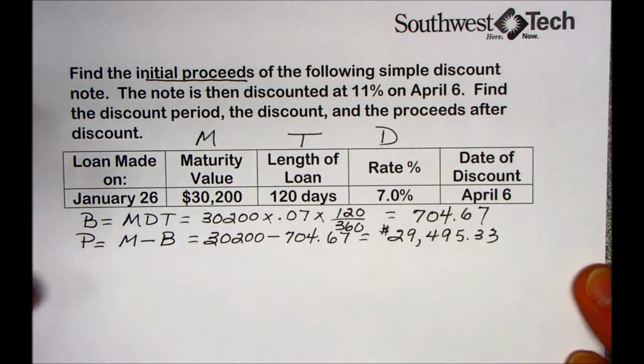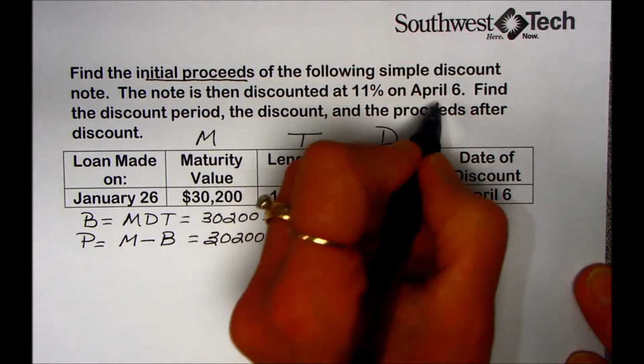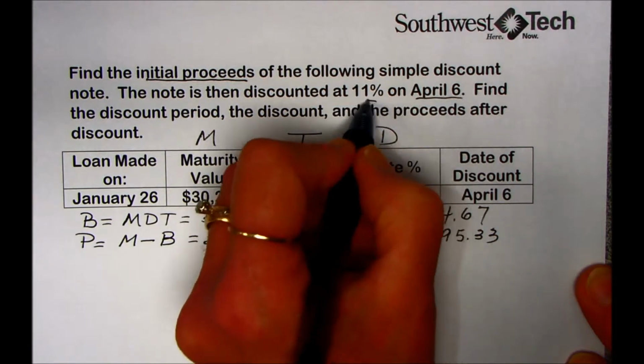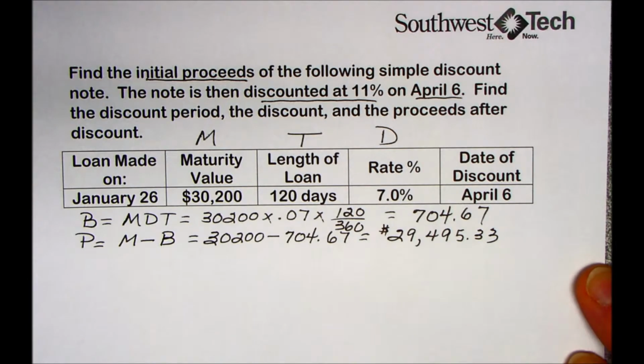Now, the holder of this note, as it states in the problem, on April 6th, sold it, and it was sold as a discount note.